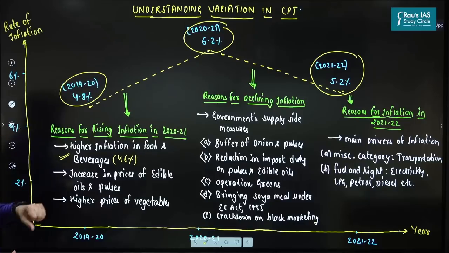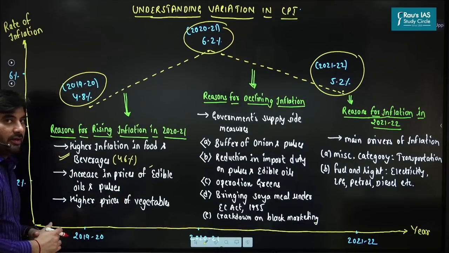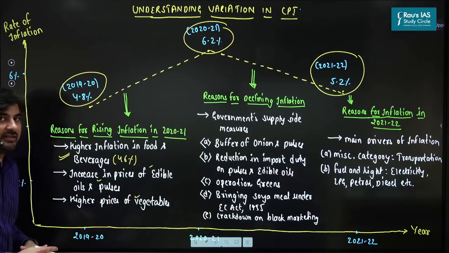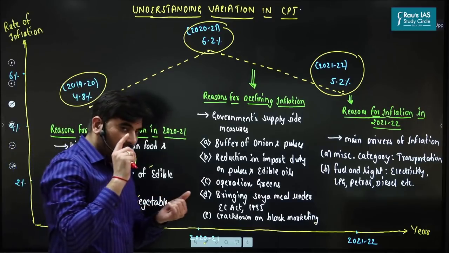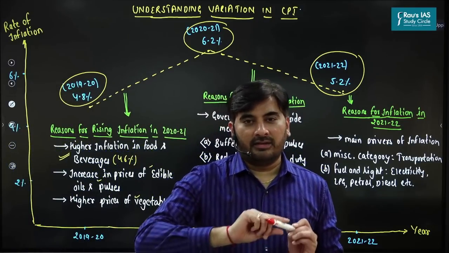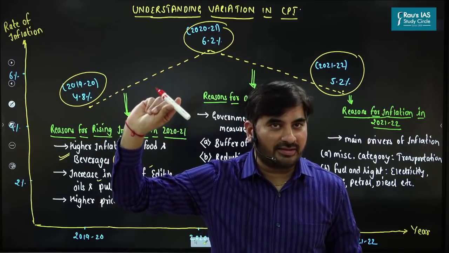In particular, there was inflation with respect to edible oils, pulses, and vegetables, particularly onions. So on account of higher prices of onions, pulses, and edible oils, the rate of inflation increased in the Indian economy. You understand this part?